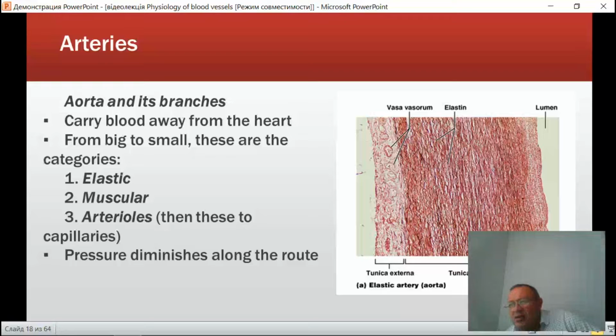These are the categories: elastic, muscular, and arteriolar types. Pressure diminishes along the way. On the figure you can see the structure of the wall in an elastic artery.